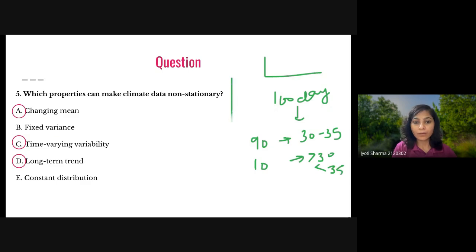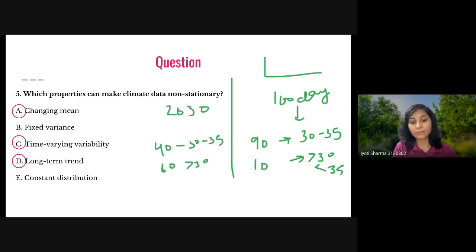But now let's say in 2030 it can happen that for just 40 days the temperature is 30 to 35, but for 60 days the temperature is either less than 30 or more than 35. So this is how we are increasing the variability, and if this happens, then again your data is not stationary, so this will be considered non-stationary.